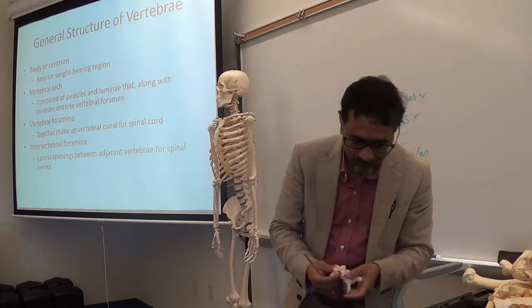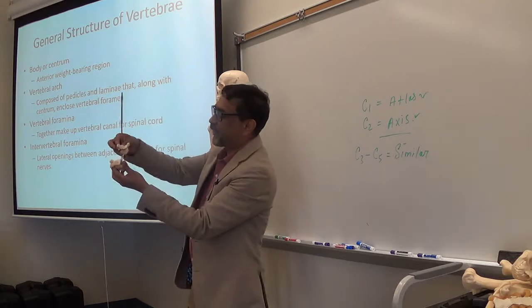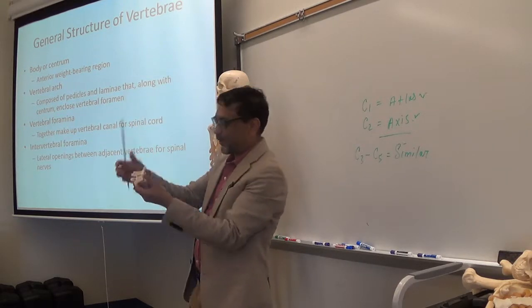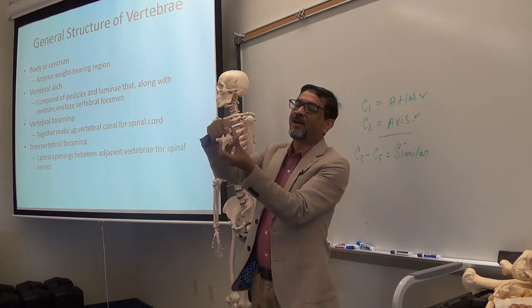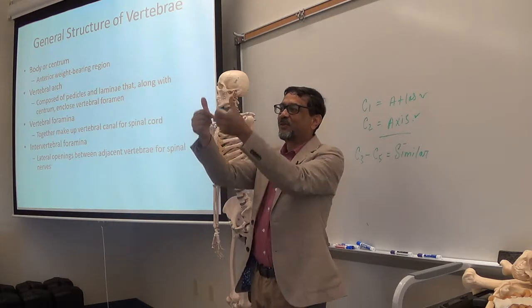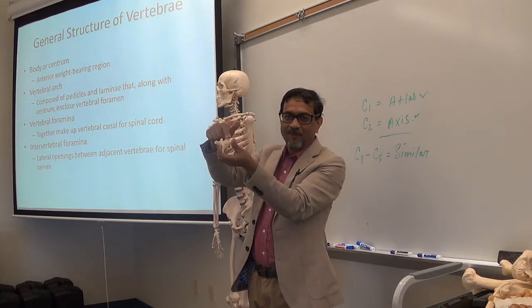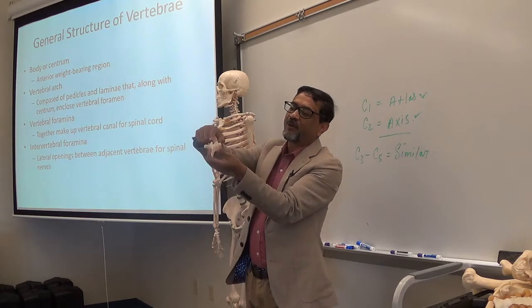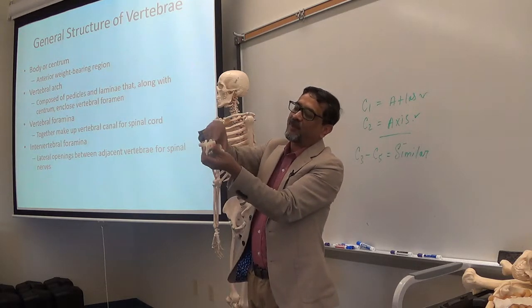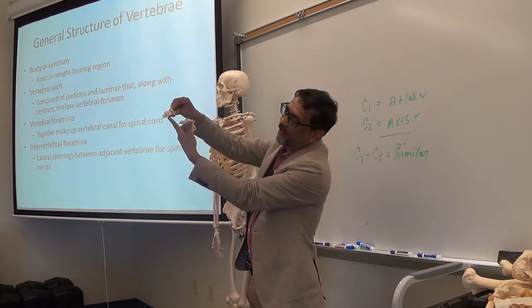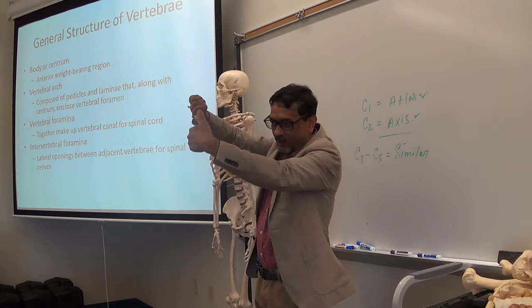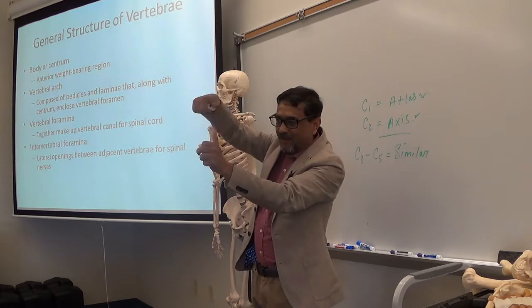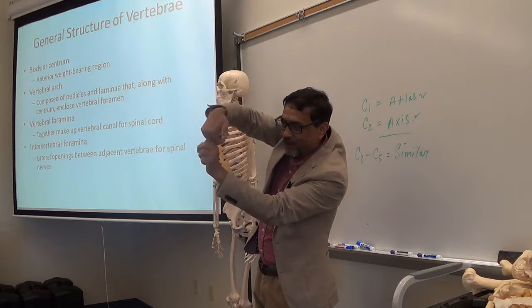Now, this is another vertebrae. So if I put this together, you see what happens. Anybody? These two are called what? Superior articular processes, remember? So the superior articular processes of the vertebrae below articulate with the inferior articular processes of the vertebrae above, like this. Fits like this. You see? This is one vertebrae, this is another vertebrae.